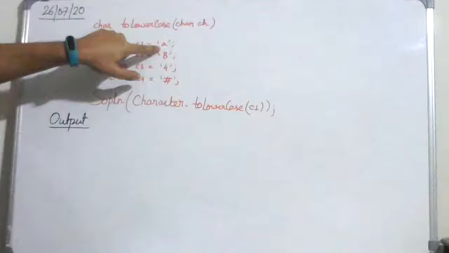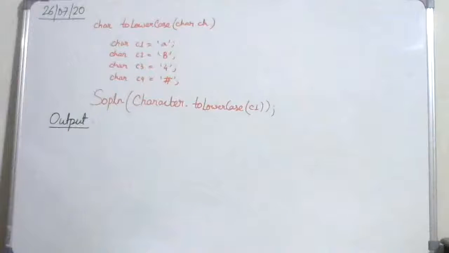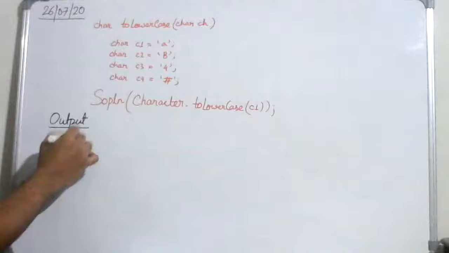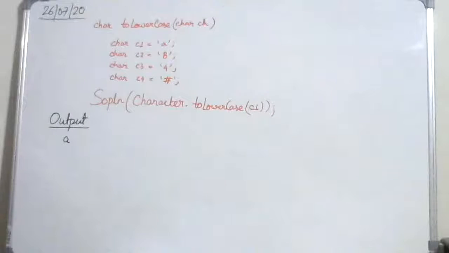As you can see, the value stored in c1 is small a, which is already in lowercase. So no changes occur, and by executing this SOPLN statement, we get an output of small a, without any change to the value.